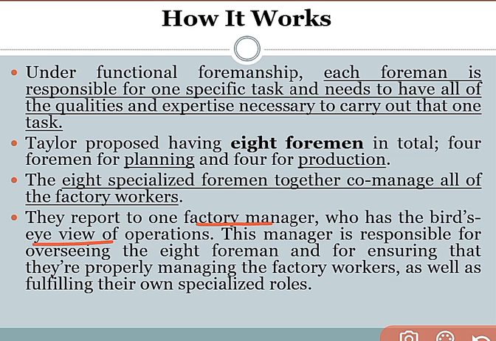So these 8 foremen will work with the workers at the factory level for production, and there will be one factory manager who is responsible, who is the boss of these 8 foremen, and keeps a bird's eye on them so that they work in the right manner and are able to get the work done with the workers at workplace and at office level.